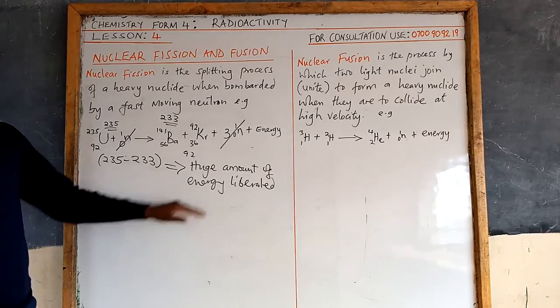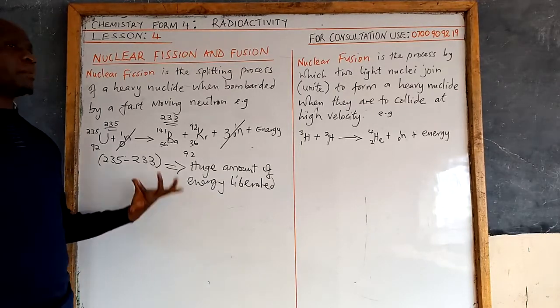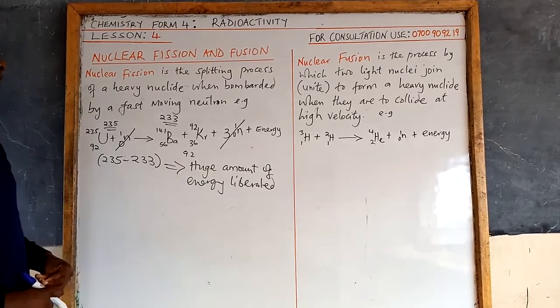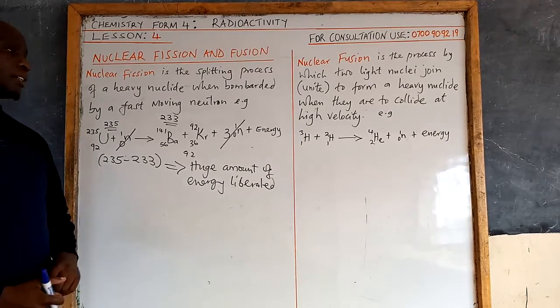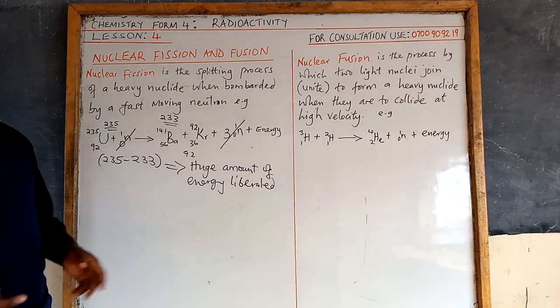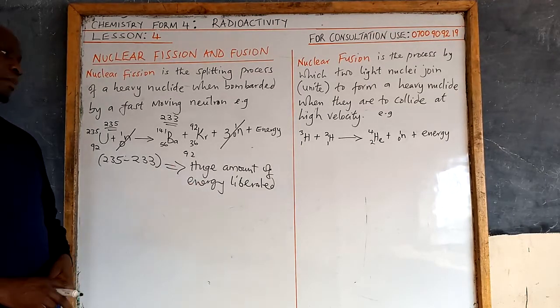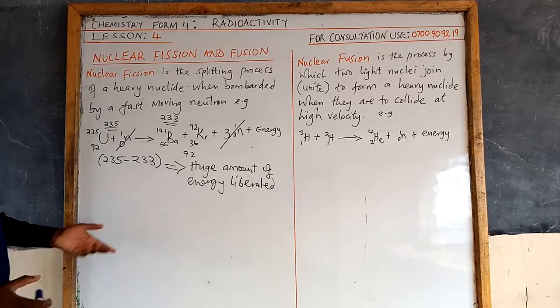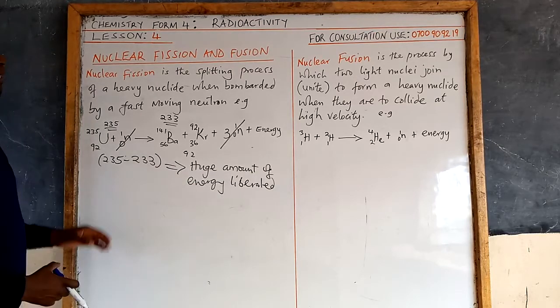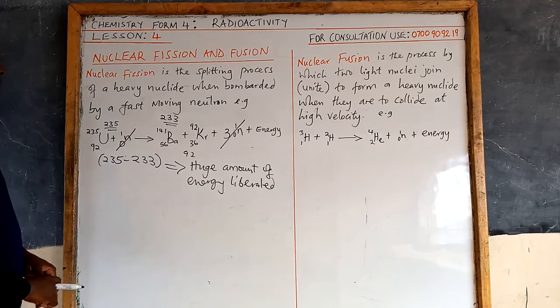And as I've said, this amount of energy that is liberated can be converted to other forms of energy. For example, electrical energy. Then electrical energy can be supplied to consumers, to factories, industries. Then there will be other main uses that can result from the electrical energy.